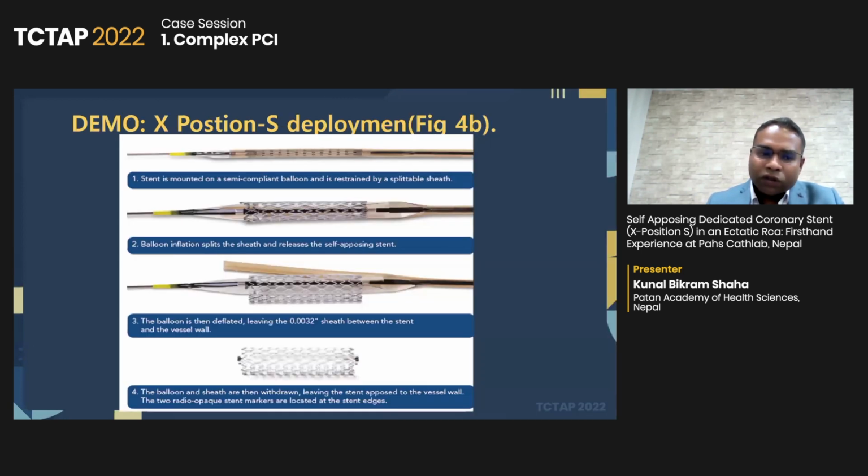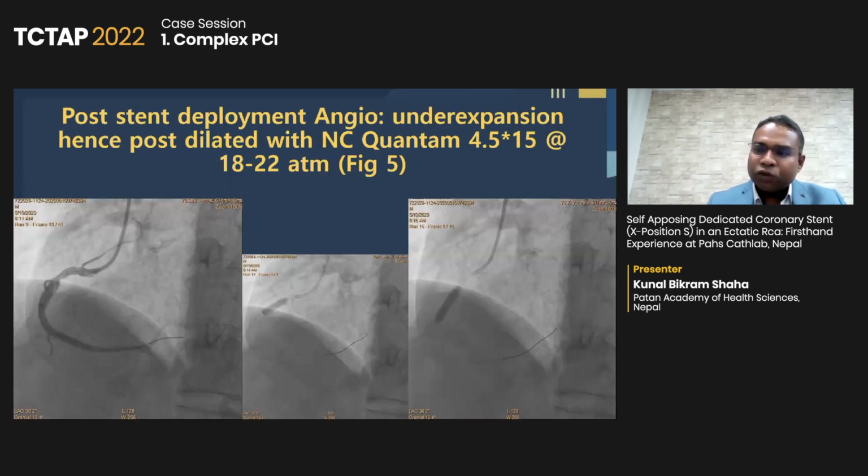If you pull it too hard, your guide may suck in and you may cause dissection. To avoid that, we placed the wire very distally and disengaged the guiding catheter well into the aorta, outside the ostium. With a reverse daughtering technique and intermittent pulling effort, we were successful in retrieving the whole system along with the jailed sheath.